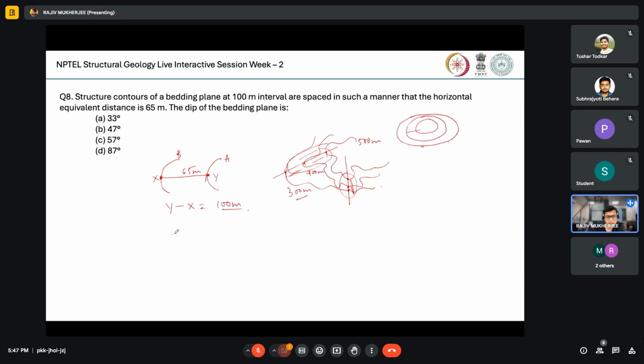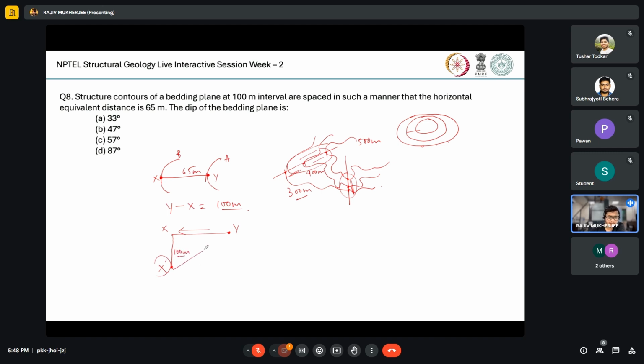This gives us a profile like this. We are standing at point Y, and now we are going to point X, and X is actually a projection of the point X prime, which is at a smaller elevation, and the difference is basically 100 meters.